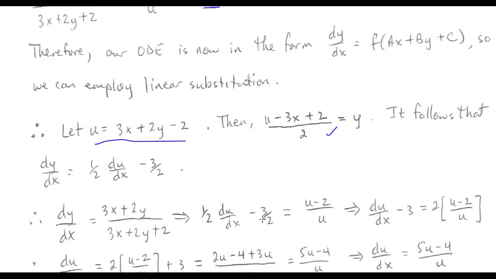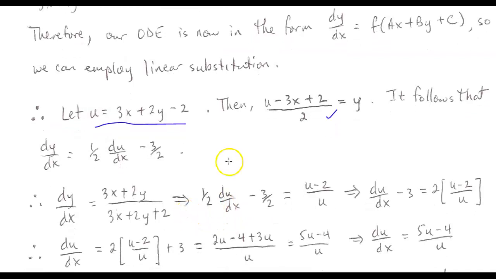And of course, the right-hand side is already expressed in terms of u. So our equation that we have here, we can now rewrite it in terms of just u and x. And we see that that's what that is. This, of course, was the right-hand side of the equation that we found earlier. This we found from up here, dy over dx.